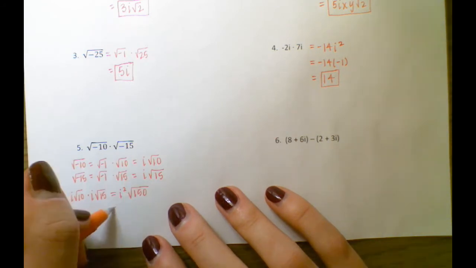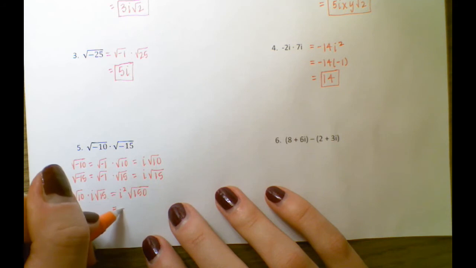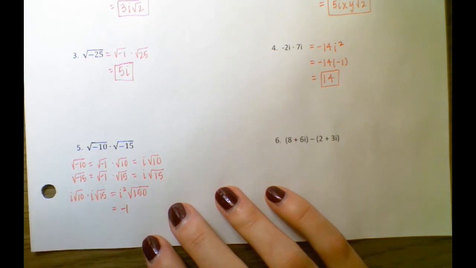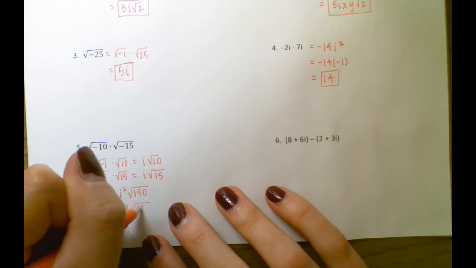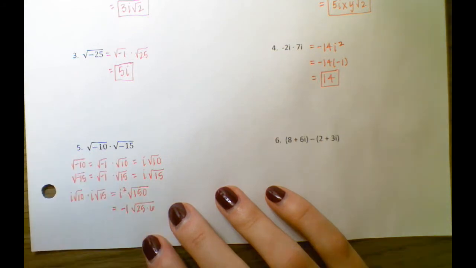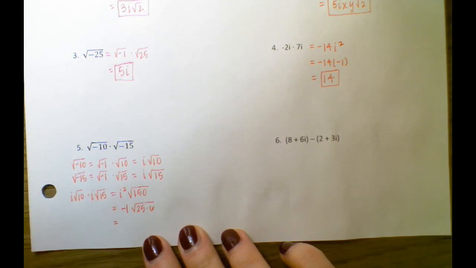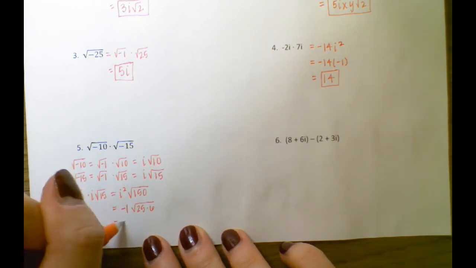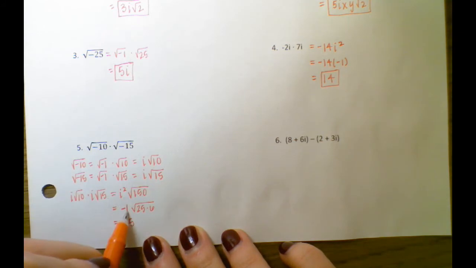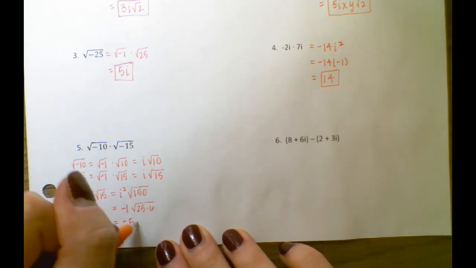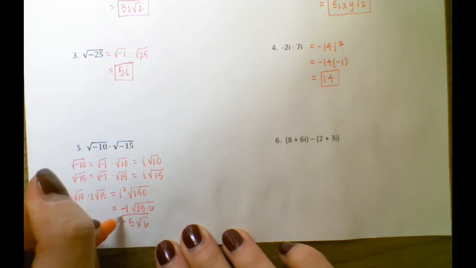All right. i squared is negative 1, right? And then 150, we have 25 times 6. Square root of 25 is 5. So this is actually negative 5 because negative 1 times 5 is negative 5. And I can't do anything with the 6.